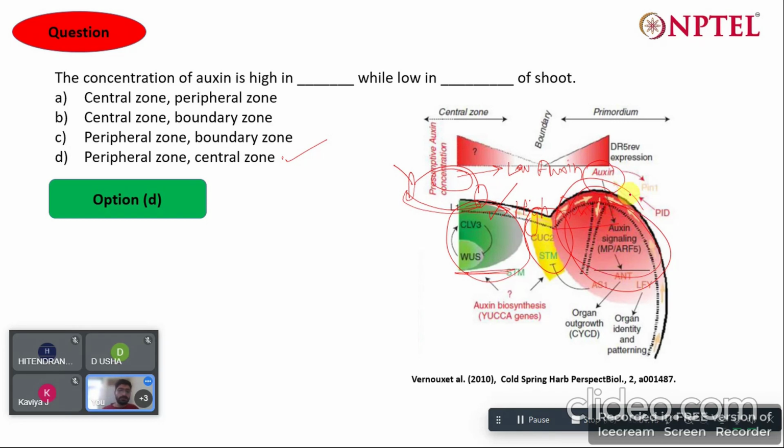So wherever there is increase in differentiation, the oxygen amount will be high. Okay, so this is it. And do you have any doubts in this question?